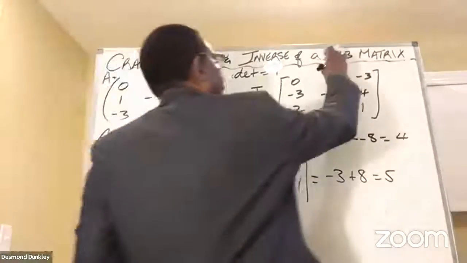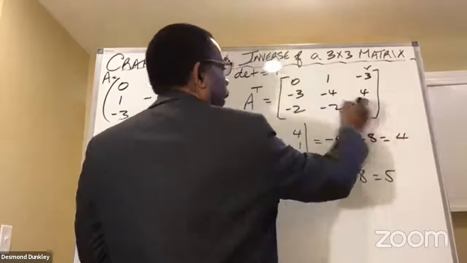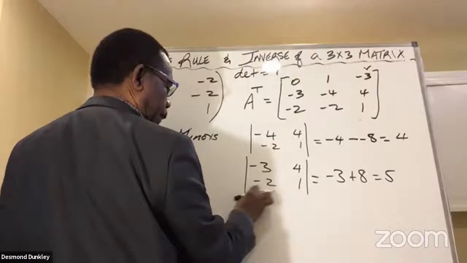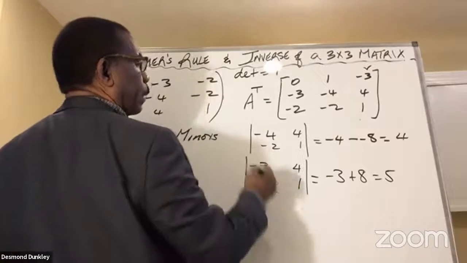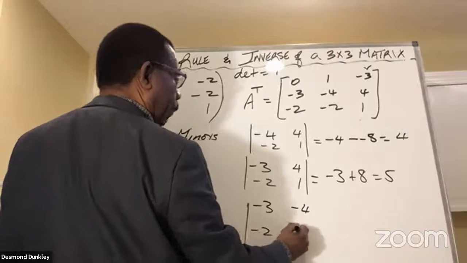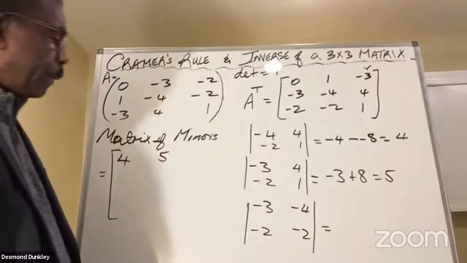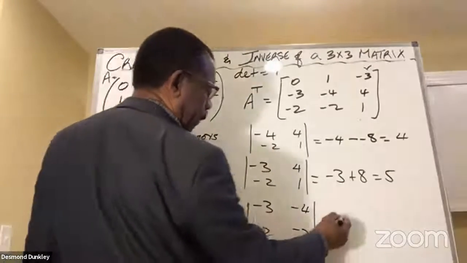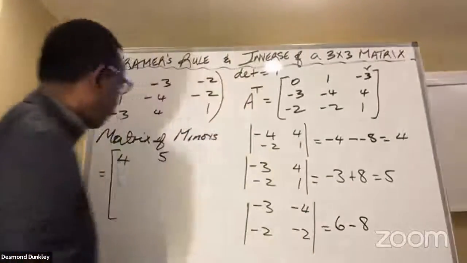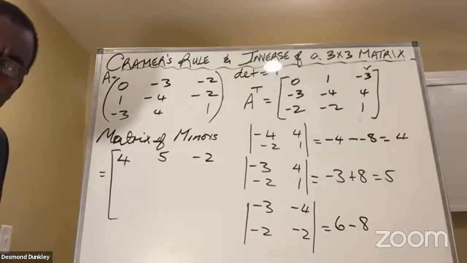So now we finish with the second. We go to this one. Cross out this column, cross out this row. What are we left with? We're left with negative 3, negative 4, negative 2, negative 2. So this times this gives me 6, minus this times this gives me 8. So that gives me negative 2. So we're finished with the first row.